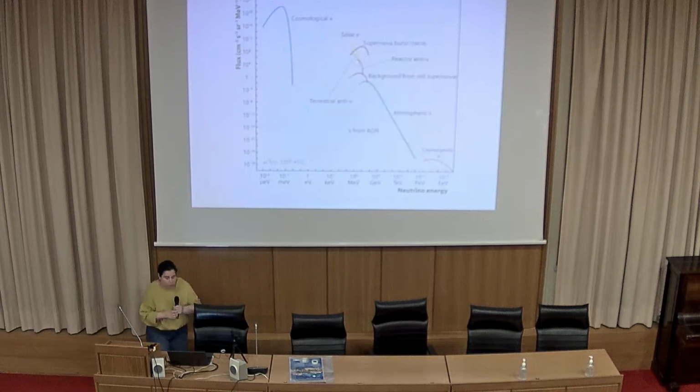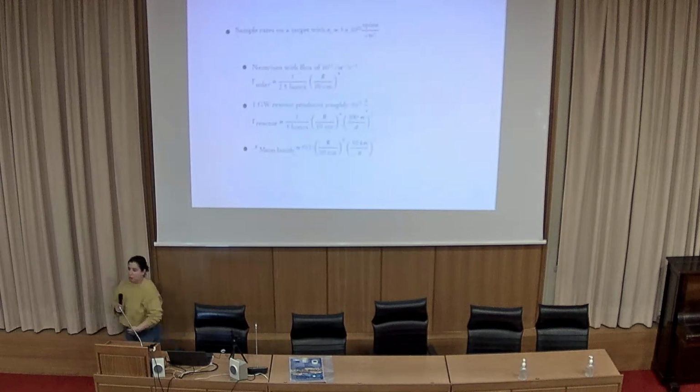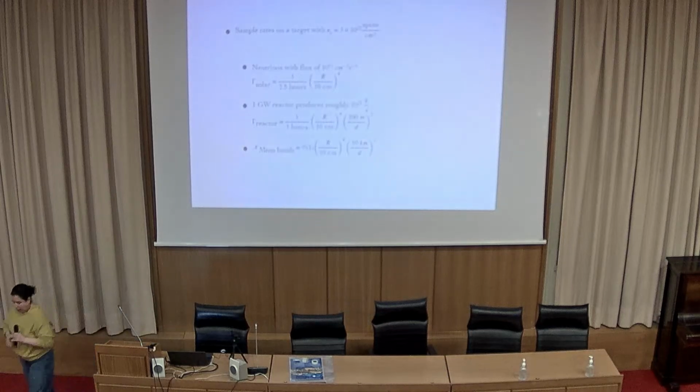Now the other thing before I go on, given that the coherence does not depend on the actual wavelength of the particle, we asked ourselves what other neutrino sources we can detect. For a while, we were thinking that you maybe detect nuclear activity around the globe.